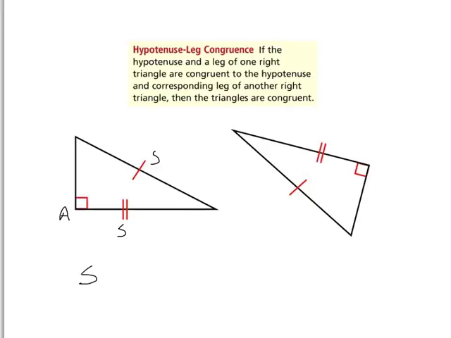And so we talked about how side-side-angle does not work. So hypotenuse-leg is that one special situation where, if the angle is a right angle, then we form a right triangle. And therefore this is one way for that to work out. So we can prove that triangles are congruent using HL.